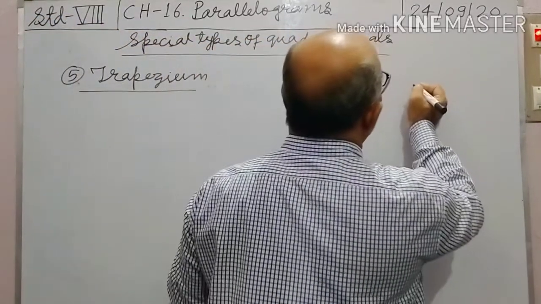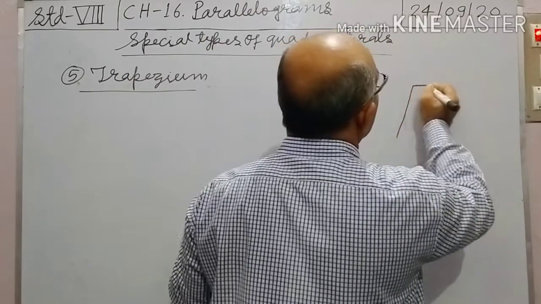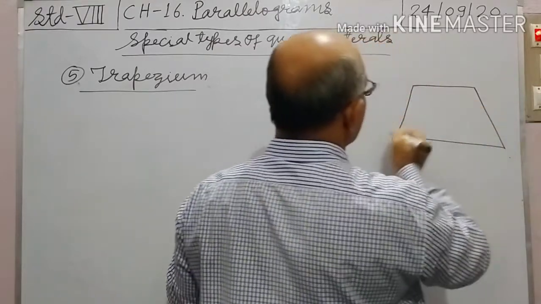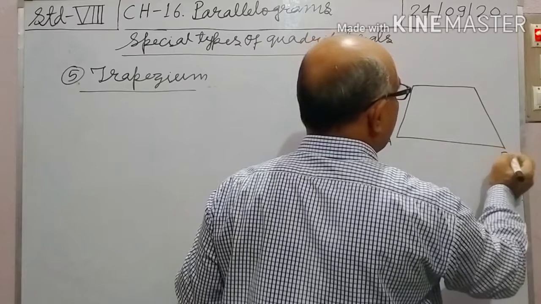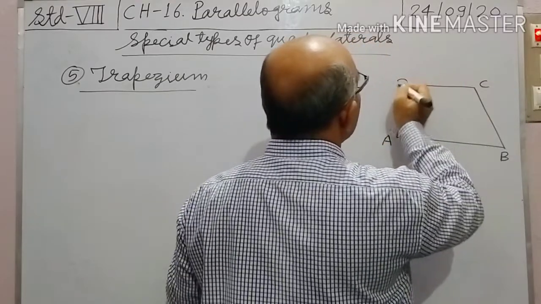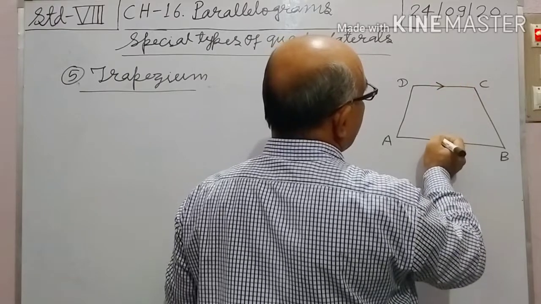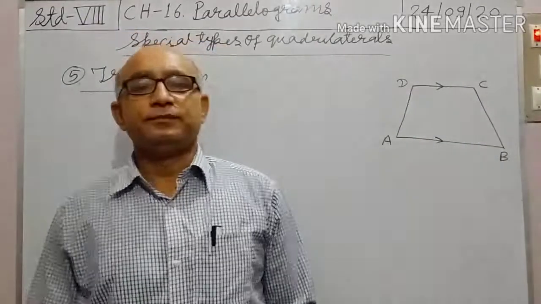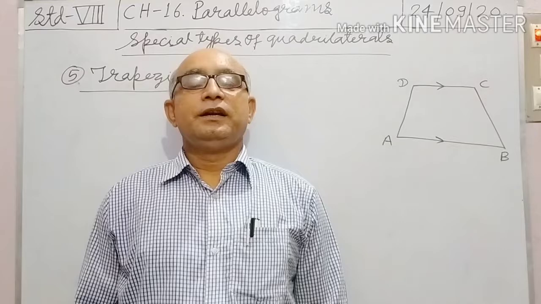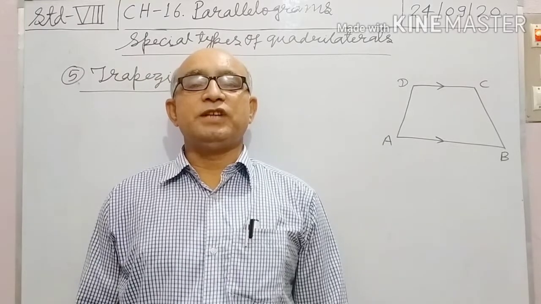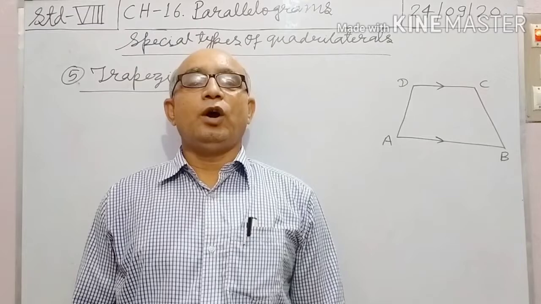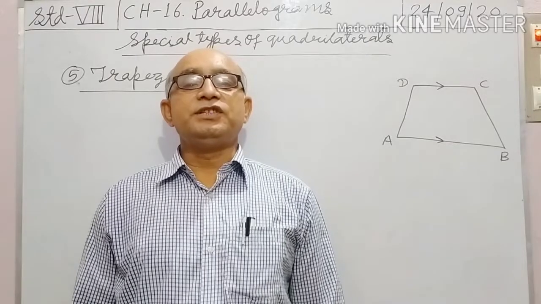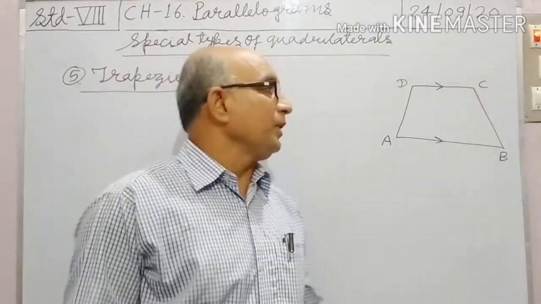The figure of a trapezium is ABCD, where one pair of opposite sides is parallel. So define a trapezium: a quadrilateral in which one pair of opposite sides is parallel is called a trapezium.